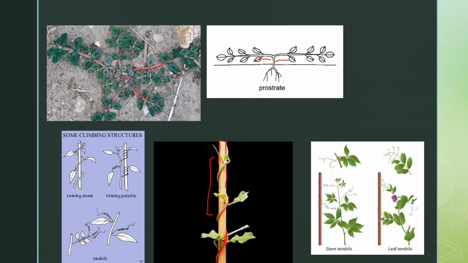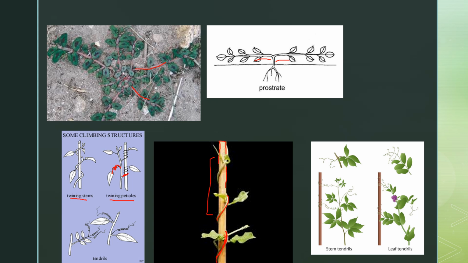Here it's a twining stem, as I said to you, and here we can see this part of the plant which is twining on the object. It's a petiole. This one gets modified to support the plant to climb on the objects. So it's a twining petiole. This is one of the specialized organs that can help the plant to climb up.